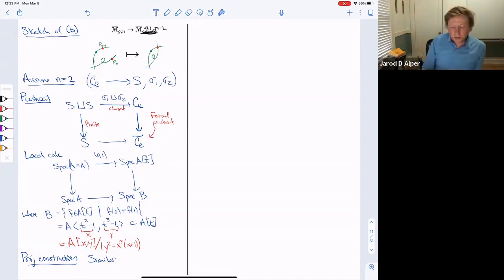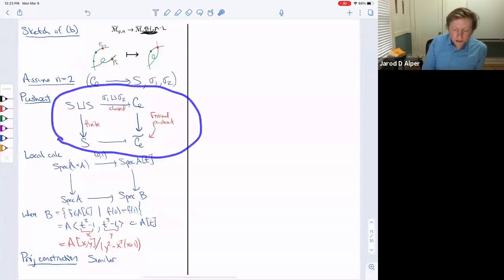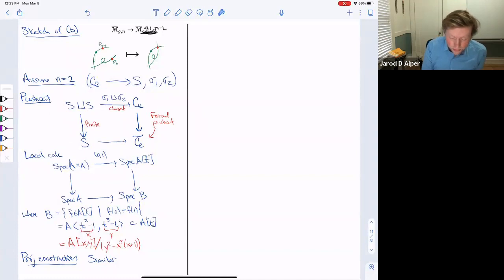And we want to glue these sections, and we could use a similar push-out diagram, but now we're going to use this diagram where this is a closed immersion, and this is just a finite map. So we're really using Ferrand's setup where one map is a closed immersion and the other is finite, to get the existence of the push-out.